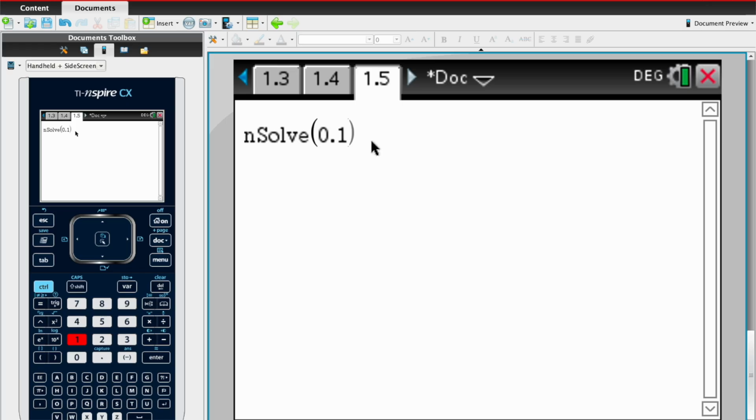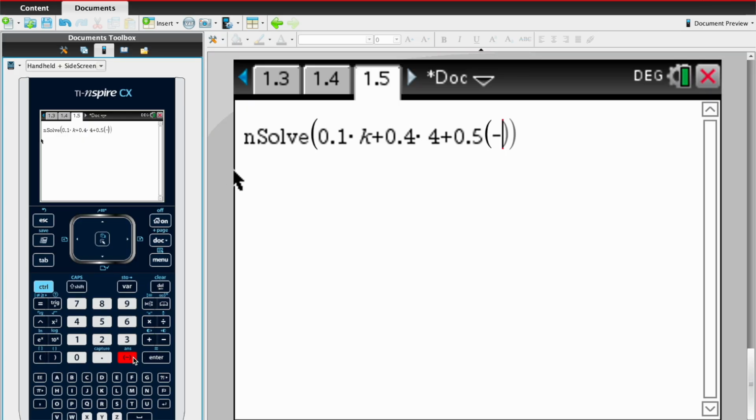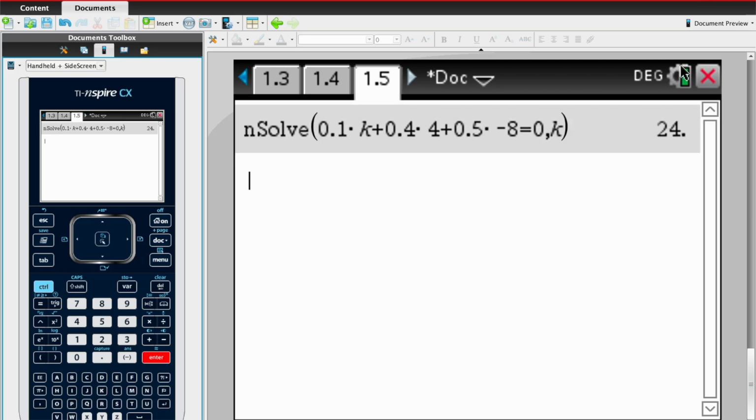So 0.1 times k plus 0.4 times 4 plus 0.5 times, I'm going to write this with some brackets because we have some negatives side by side, so -8. And all of this should be equal to 0, and we want to solve for k. Let me make sure that this is all okay. This looks good. And so k itself must be equal to 24.